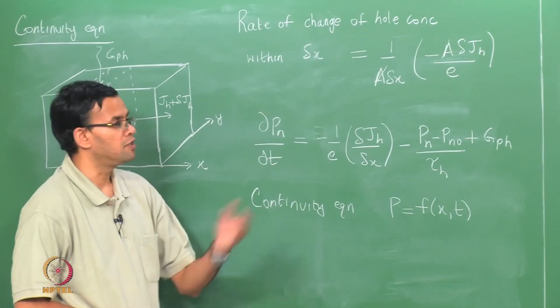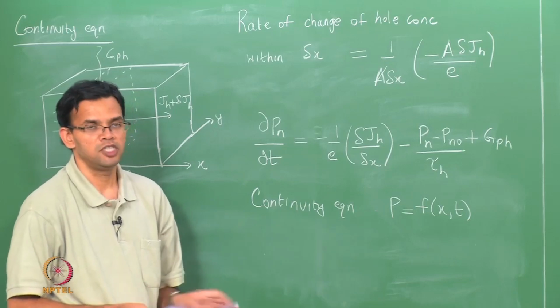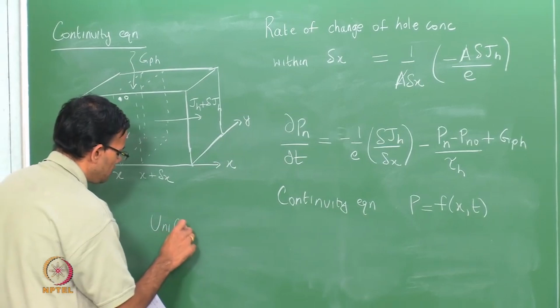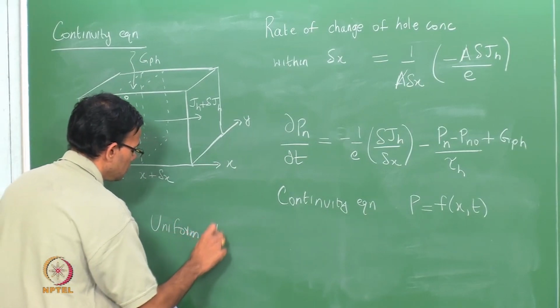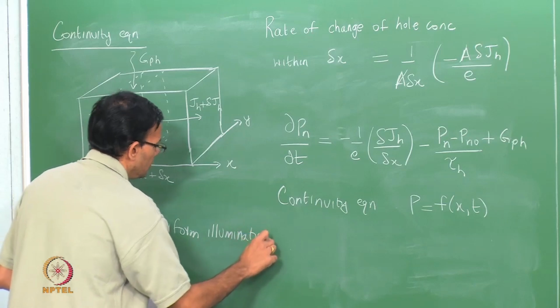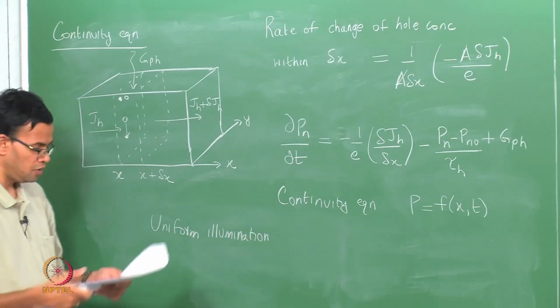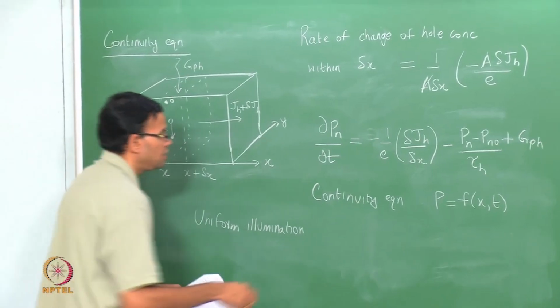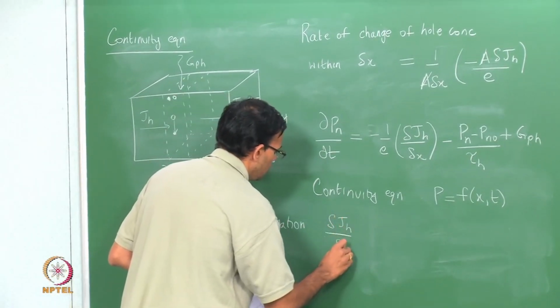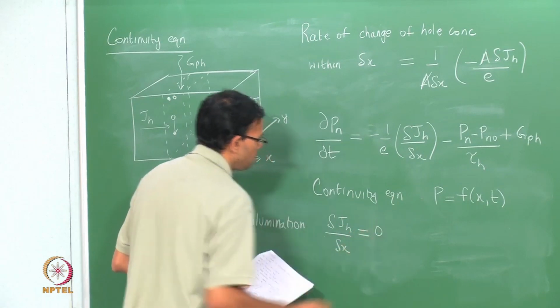When we think of say uniform illumination, which we just saw before, in that particular case there is no flux within the material, so that dou Jh over dou x is 0.